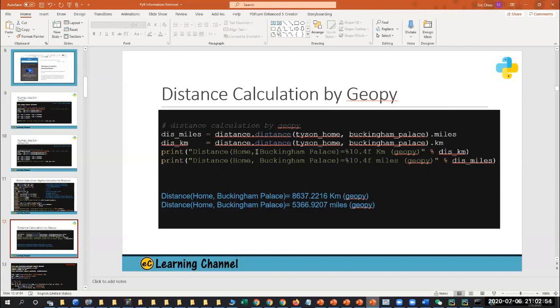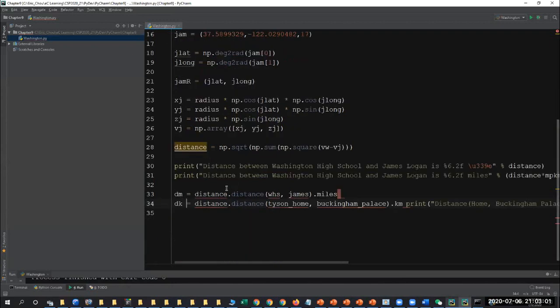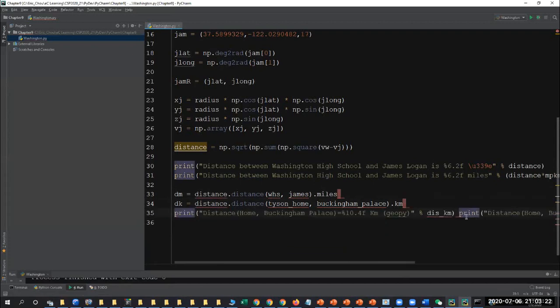Distance. So actually, I already put in the GeoPy distance. Do I need the GeoPy? Okay, anyway, let me delete it. It may be right already, so nothing to worry about. So let me actually put this over here.